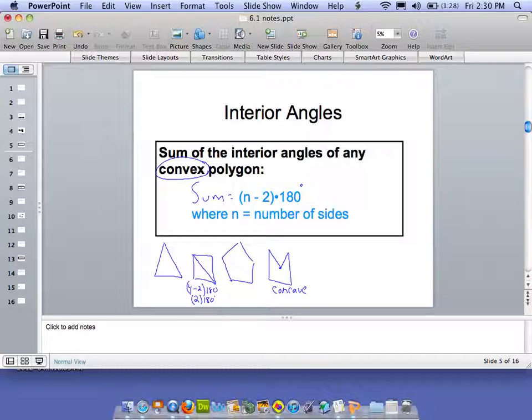So in my pentagon, I could divide a pentagon into 3 triangles. Well, a pentagon has 5 sides, and 5 minus 2 times 180 will give me the sum of those interior angles. The 5 minus 2, which is 3, represents the fact that I can divide that shape, the pentagon, into 3 triangles.